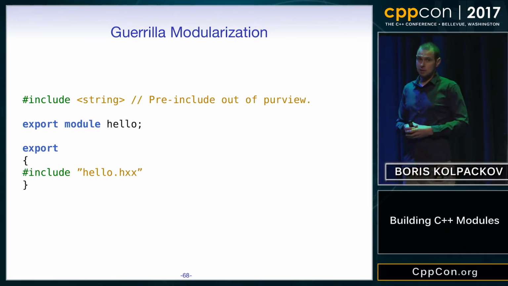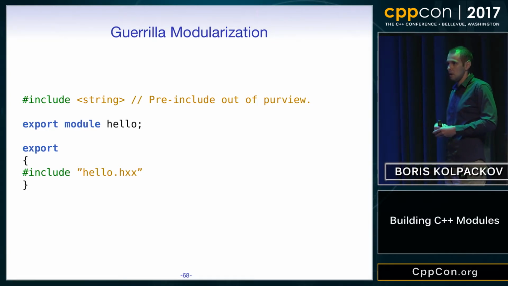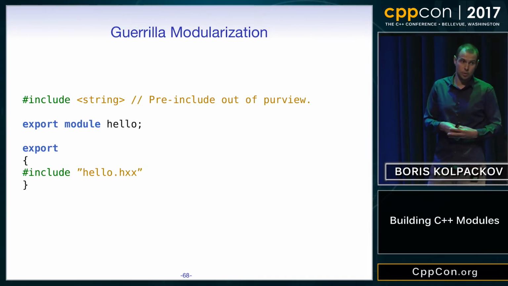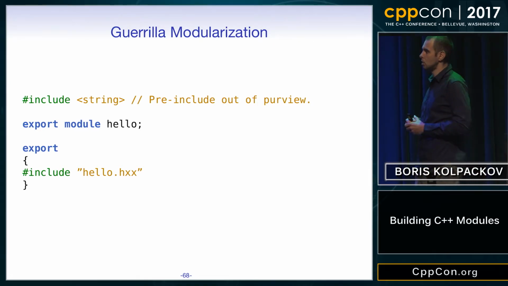There are other issues, by the way. For example, if your header declares a name with local linkage, internal linkage, then it is illegal to export it from an interface. But the biggest issue we found is actually including headers that you don't want to export. And you can work around that, if you really have to, by pre-including them outside of the module purview.